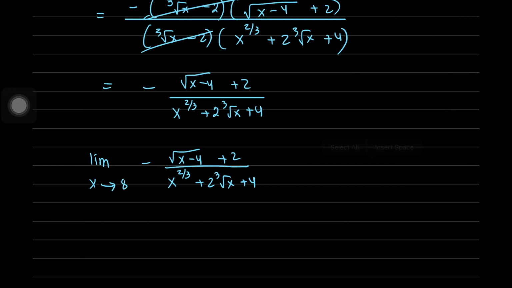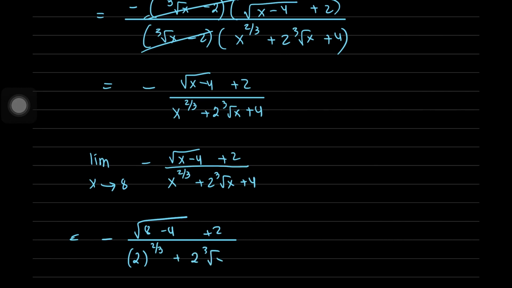So if I'm going to solve for the function of 8 here, this is now equal to negative square root of 8 minus 4 plus 2 all over 2 raised to 2 over 3 plus 2 cube root of 8 plus 2. Alright, so this should be 8, because x minus 4, so that's 8 minus 4 plus 2, and then x raised to 2 thirds, so 8 raised to 2 thirds plus 2 cube root of 8 plus 2.